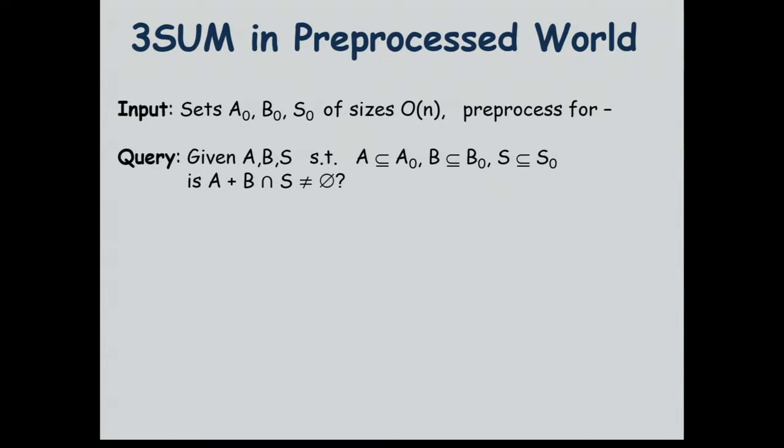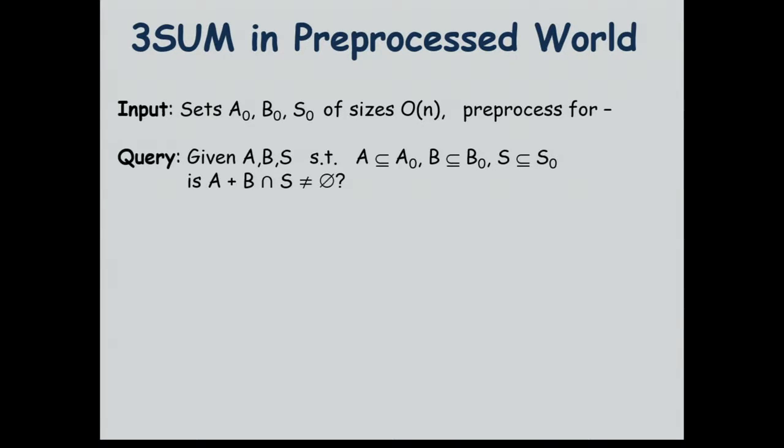It's called 3-SUM in a preprocessed world. You're given some sets, A0, B0, and S0 as input, which you need to preprocess. Each one is of size order n. You want to preprocess them, and then you get queries afterwards. The queries are of the form: you're given sets A, B, and S, which are subsets of your ground sets A0, B0, and S0.